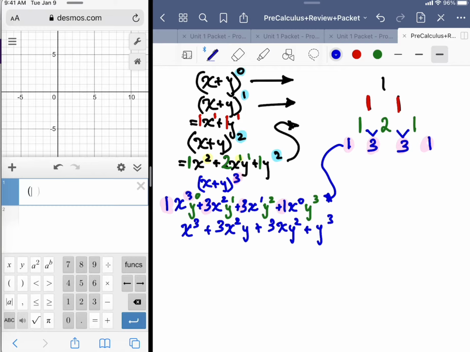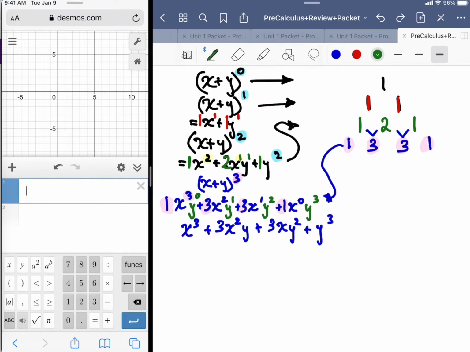If I say x plus y raised to the third power, Desmos does not understand what I'm talking about. So what I do is I look for a true relationship between what we're starting off with and this one.